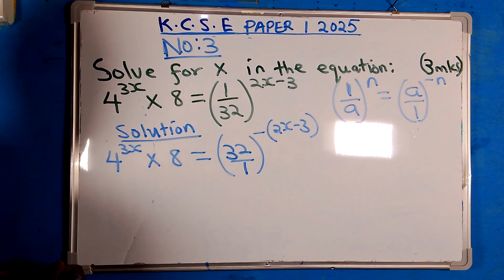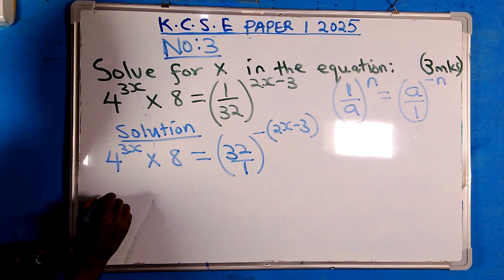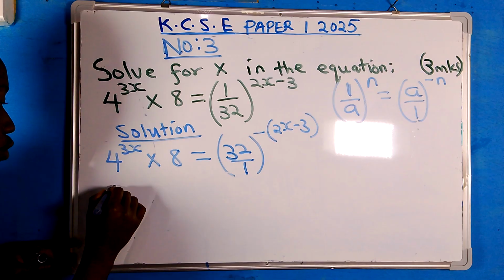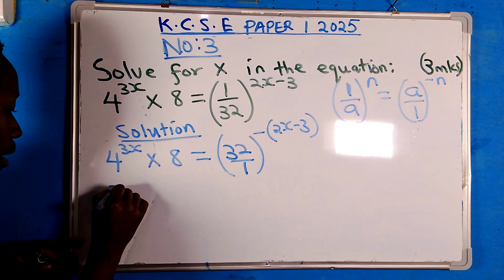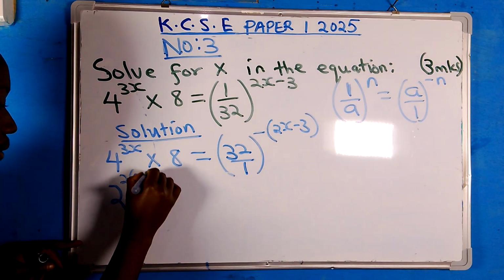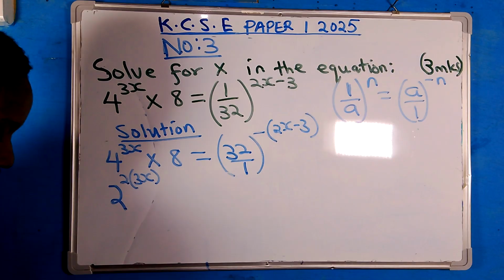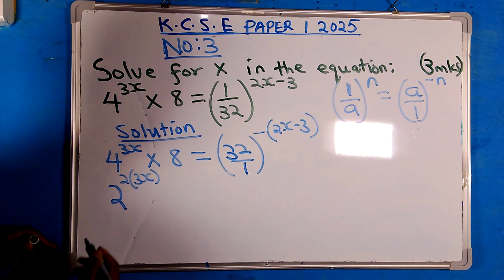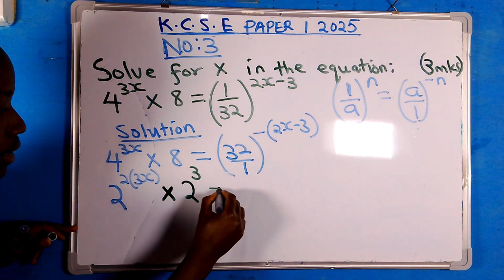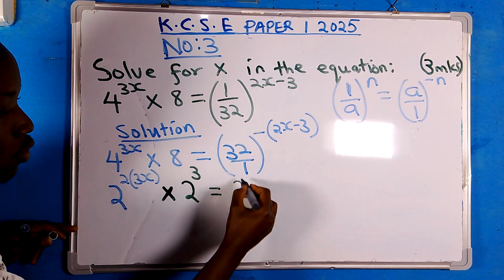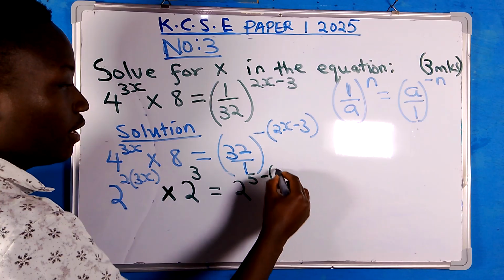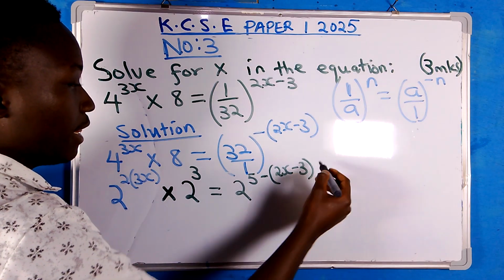So once we have that, all these can be written to base 2. So we can have 2 to power 2 multiplied by 3x, multiplied by 2 to power 3 is equal to 2 to power 5, then we have negative 2x minus 3.